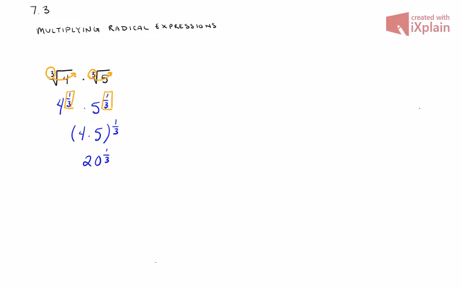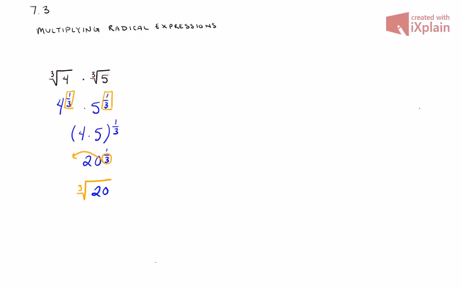If I wanted to rewrite this back in its radical form, I would reference the value that I have in the denominator of my exponent, and then I would move that over so that it now becomes a cube root with the 20 underneath it. We could shorthand this though, so let me clean up our original problem. Let me get rid of those circles and arrows.